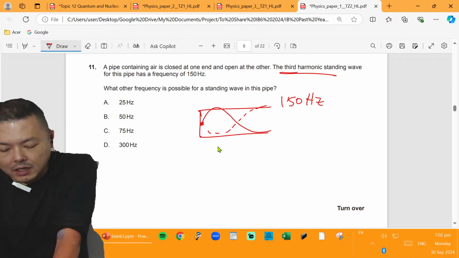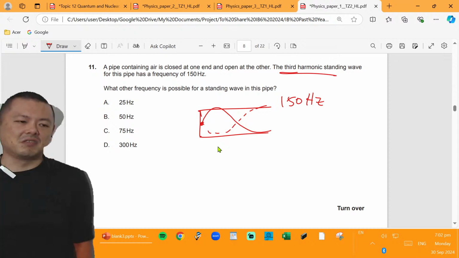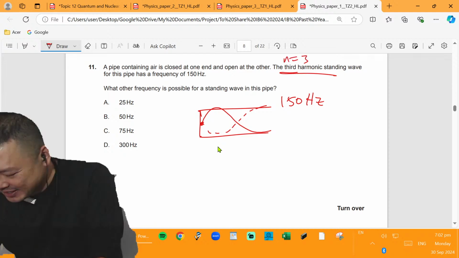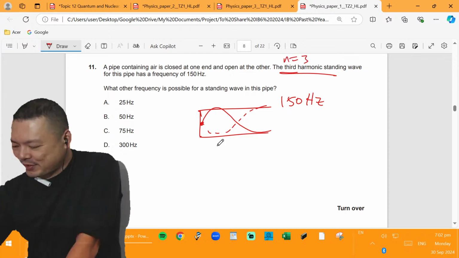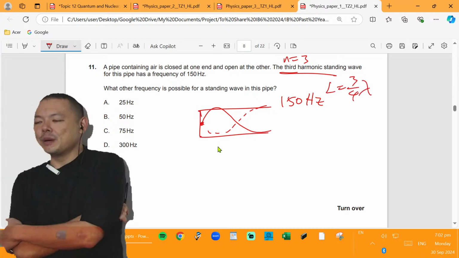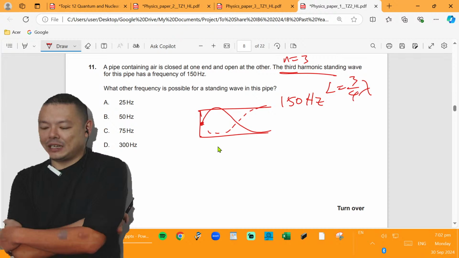Hey, you're not wrong actually. It's n equals to 3. That means it's really 3 quarters. That means the L is equals to 3 quarter wavelength. Because they've asked for one end open, one end closed, right?